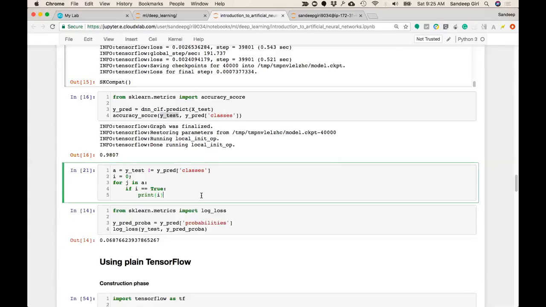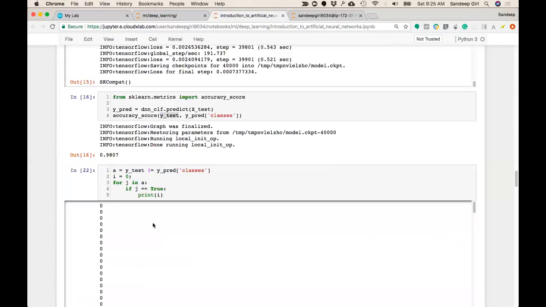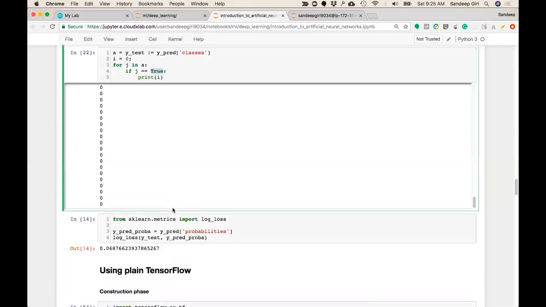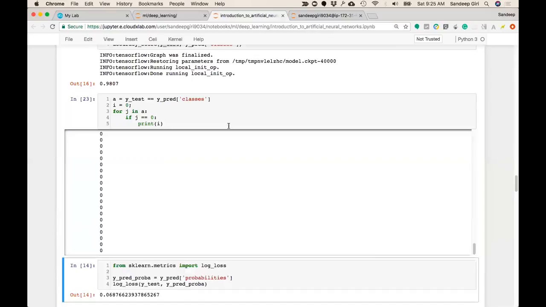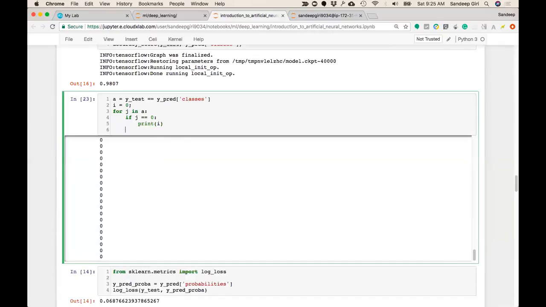Why didn't it do j? We could also do it this way, where these values are equal. Oh, we have to increase this.